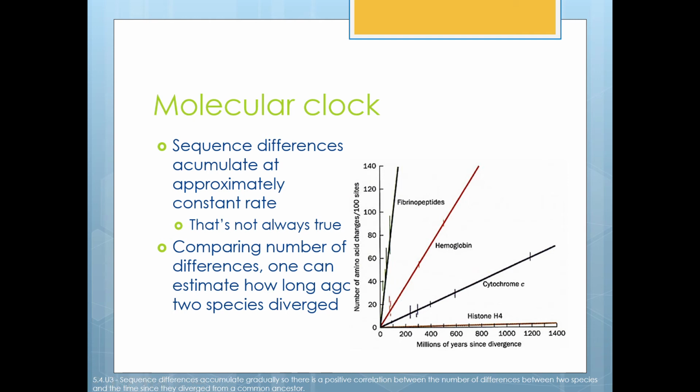So it means that horse and cow split evolutionarily about 100 million years ago. Of course, I don't know if it was like that. But this is how the molecular clock works. So, knowing the rate of mutation, you can try to assess how long ago the evolutionary splitting occurred and one species became 2 species.